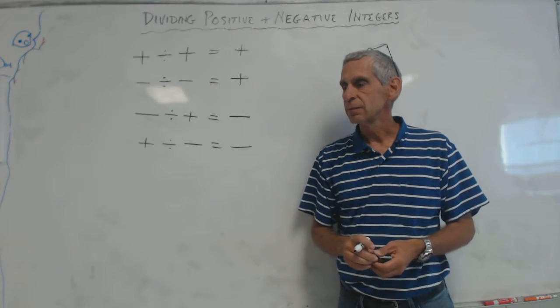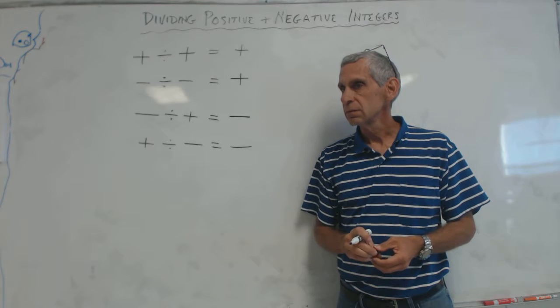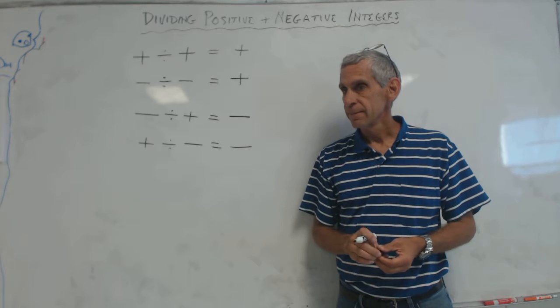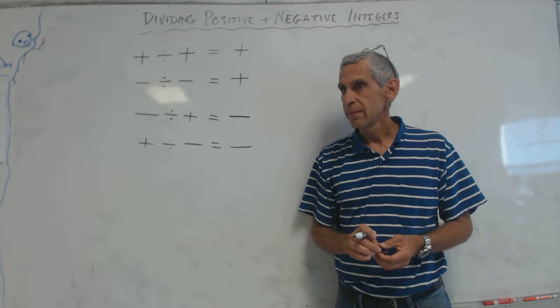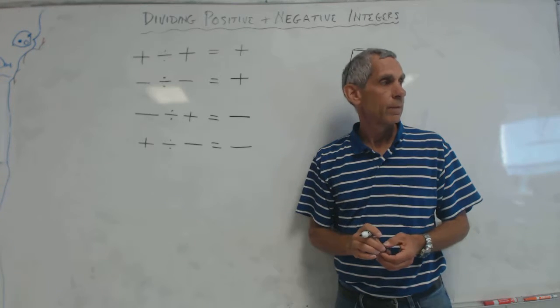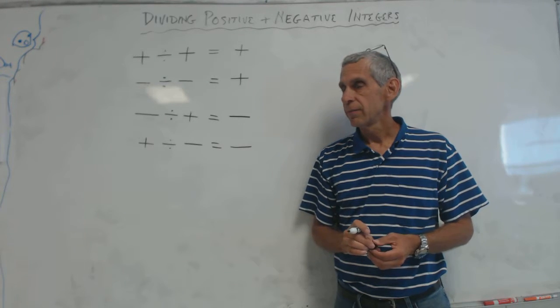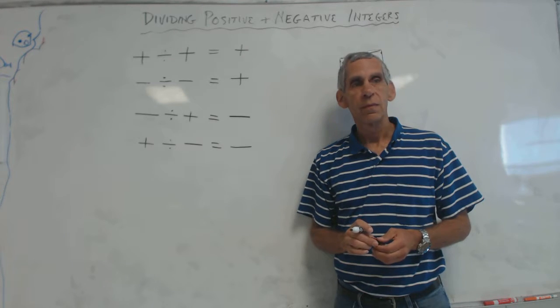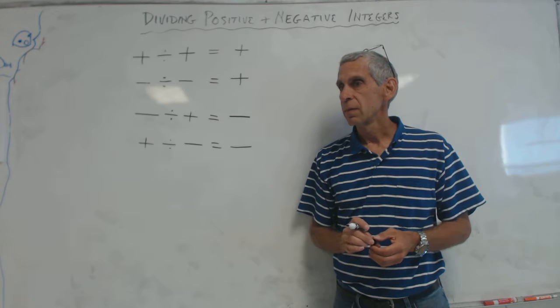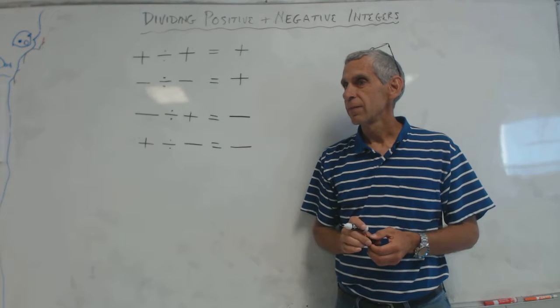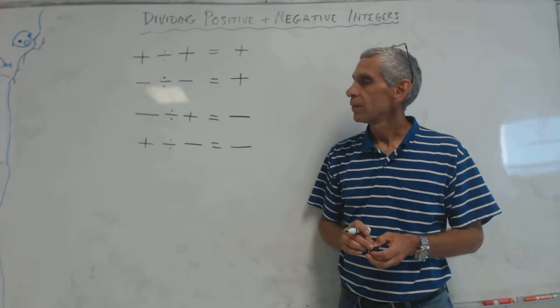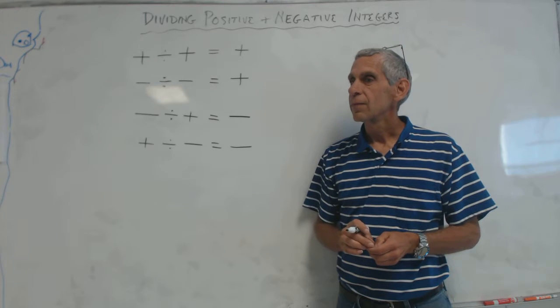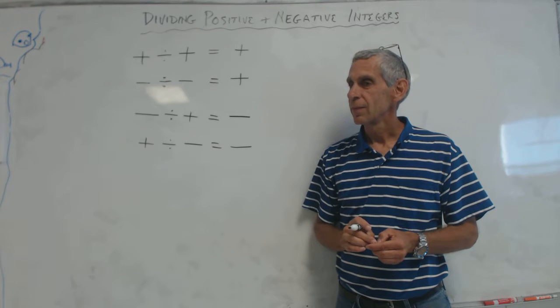Yes, Silas. Well, my sister actually taught me a trick to remember for division and multiplication. You think of positive as love, and negative as hate. So for the first one, if you love to love, then it still equals love, and if you hate to hate, then it also equals love.